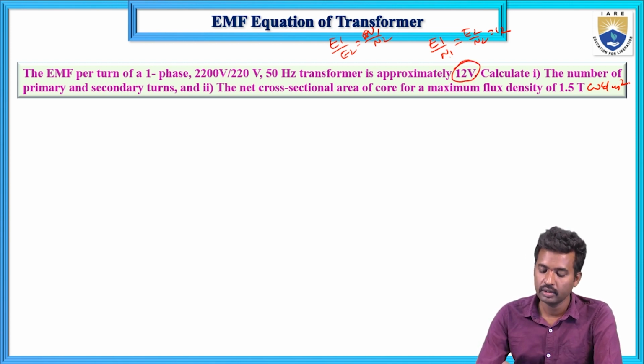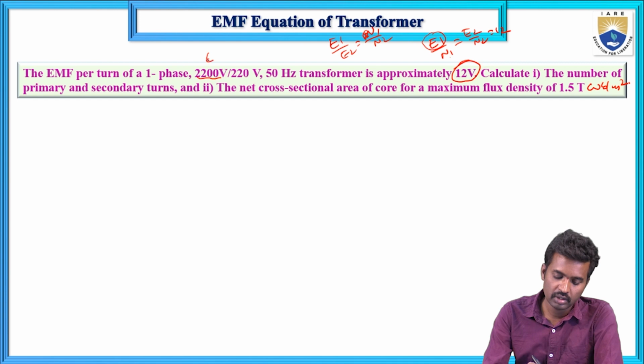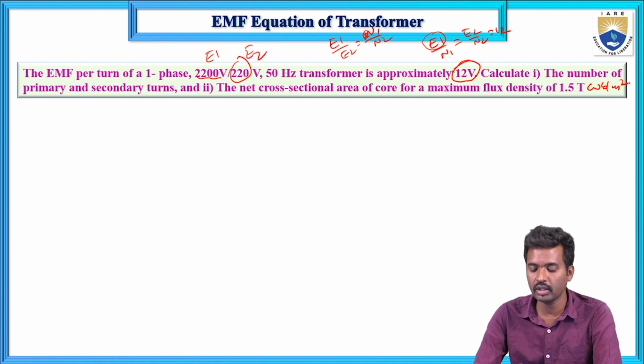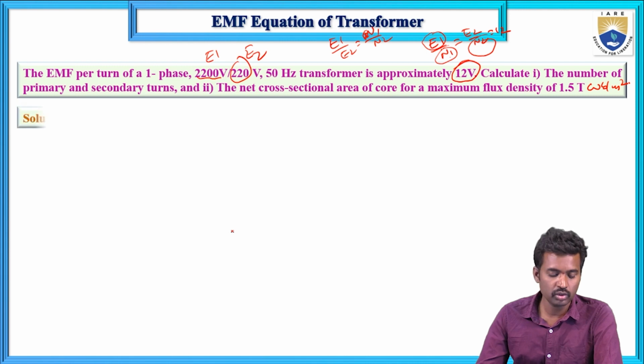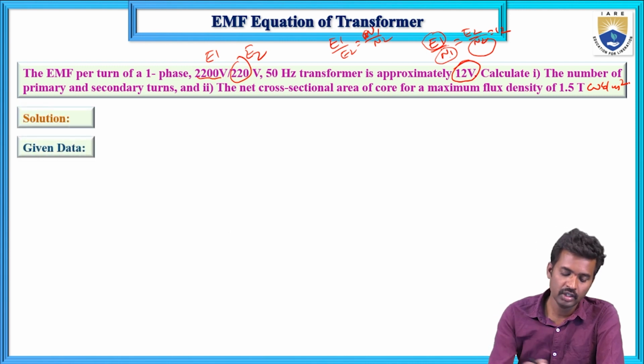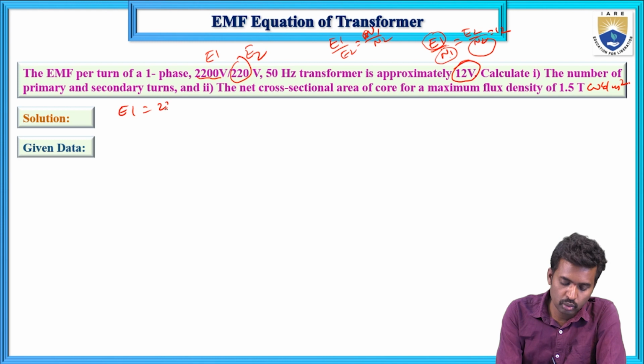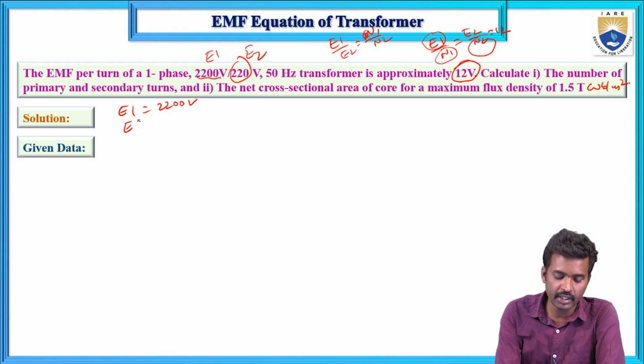From this you can calculate the primary winding turns. Here this is E1, and this is the E2. If you know E1 and E2 and EMF per turn, then you can easily calculate N1 and N2. So, solution for this, the given data: E1 equals 2200 volts and E2 equals 220 volts.